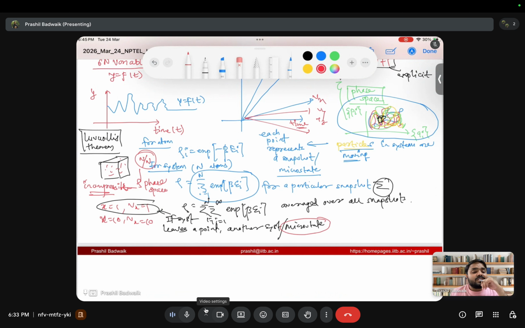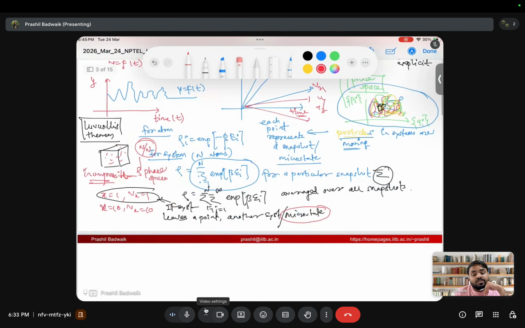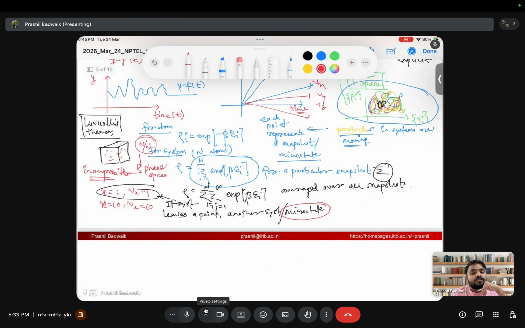So I told you about density, and density, as you can see in the equation, is a function of energy. The bigger question that we have here is how to get the energy of the system. We have studied that in class. Please let me know how to do that.